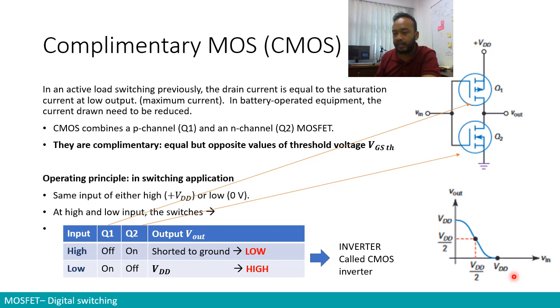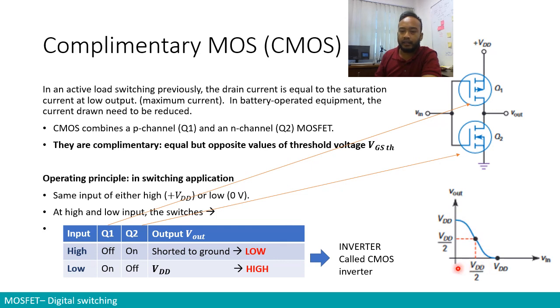So if you have maximum VDD at input, which means a high input, you will have 0 at the output, and as you reduce the input, of course you will have a high output, which is now equal to VDD. Of course, the trick is to switch the input from VDD to 0 efficiently without too much variation like this.